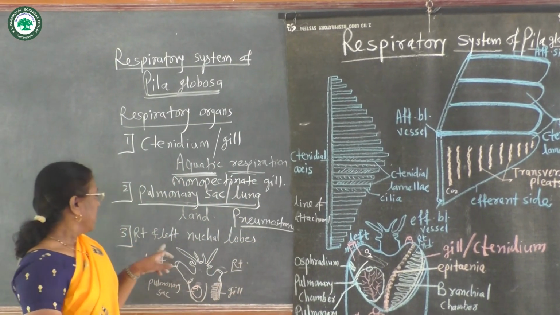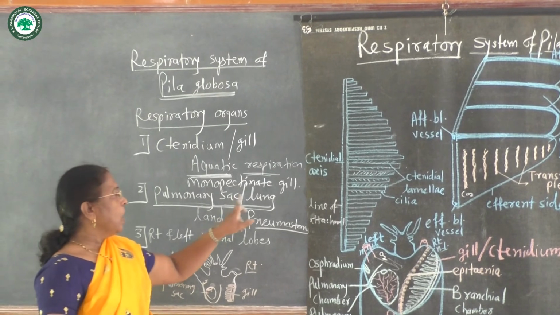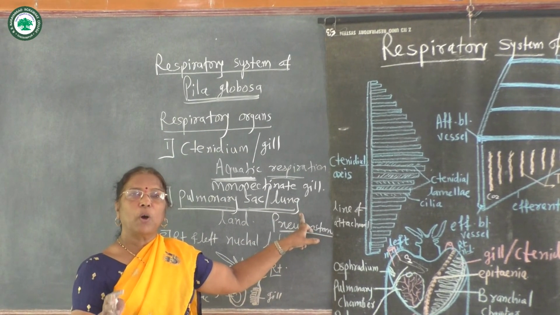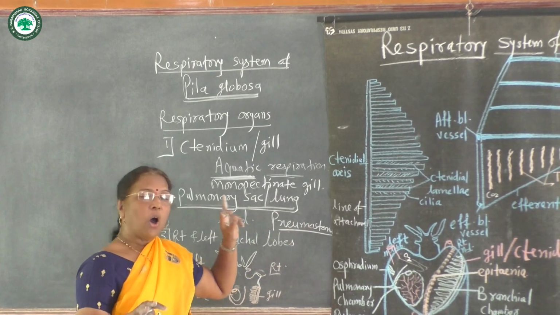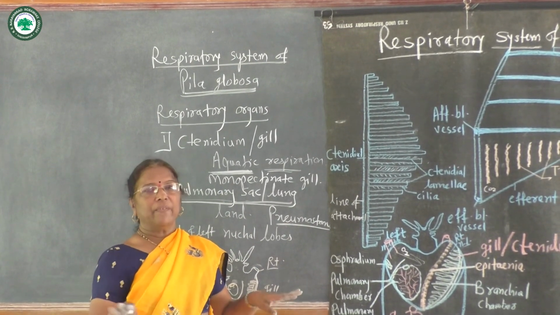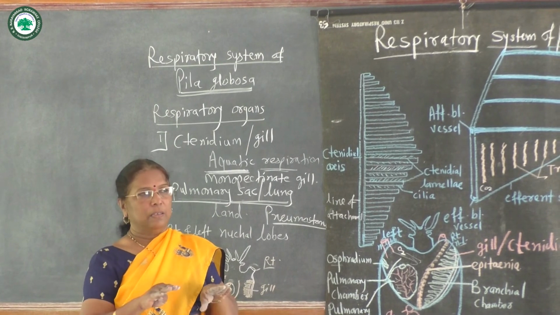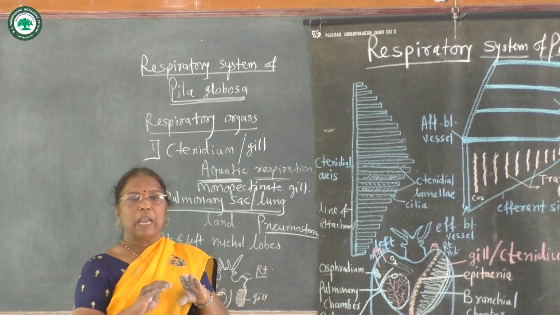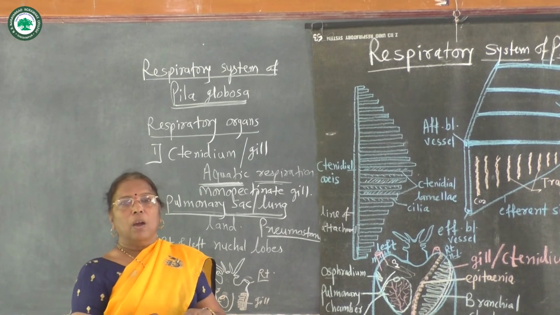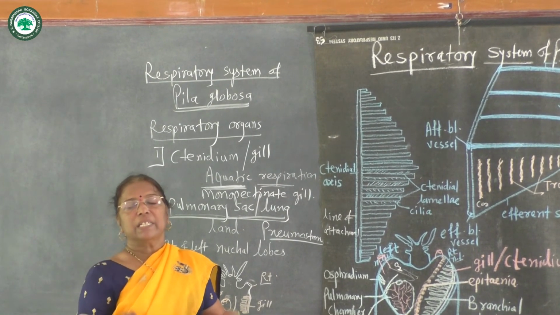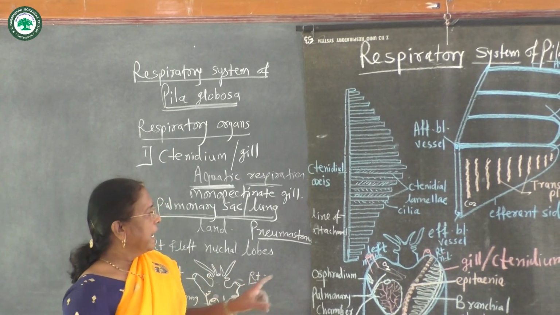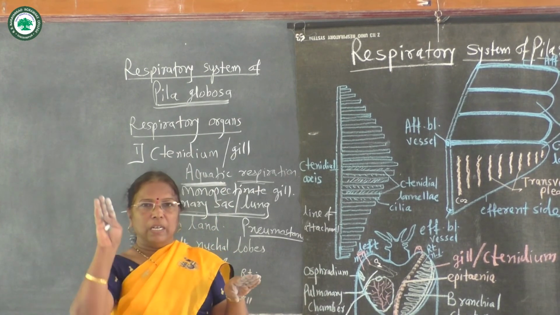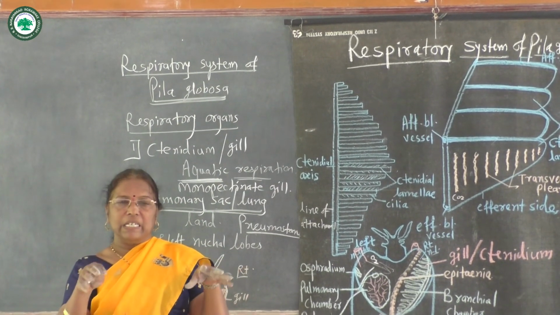This is the pulmonary sac or lung, which helps for land respiration, or terrestrial respiration. Or sometimes when aquatic vegetation is present in the surrounding water, and the water has less O2 or is dirty, at that time they can protrude their left nuchal lobe outside the water while the animal is submerged inside that water.